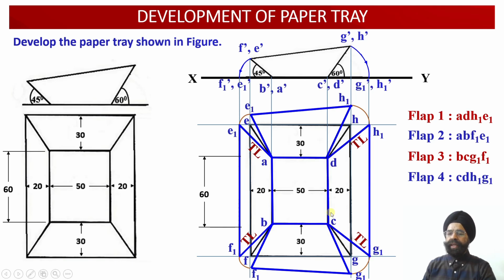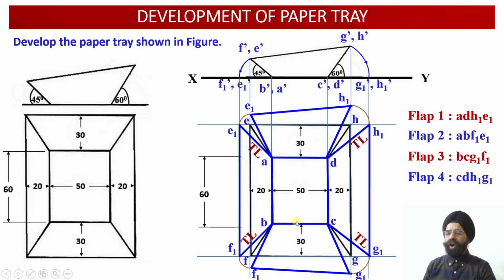So this way the true shape of all the 4 inclined surfaces of the paper tray have been obtained. So this is our surface 1, this is the surface 2, this is surface 3 and this is surface 4.